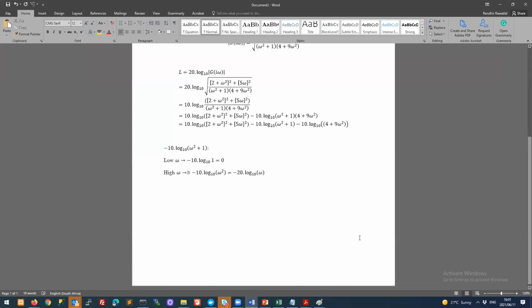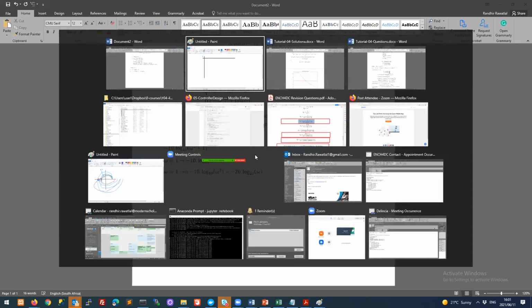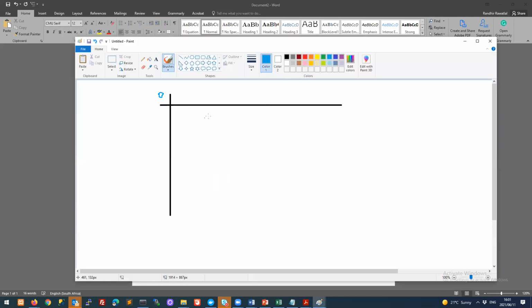What we actually need to say is for values of omega which are much less than 1. So for omega less than 1, and this one is for omega much more than 1. So 1 is where the asymptote lies.